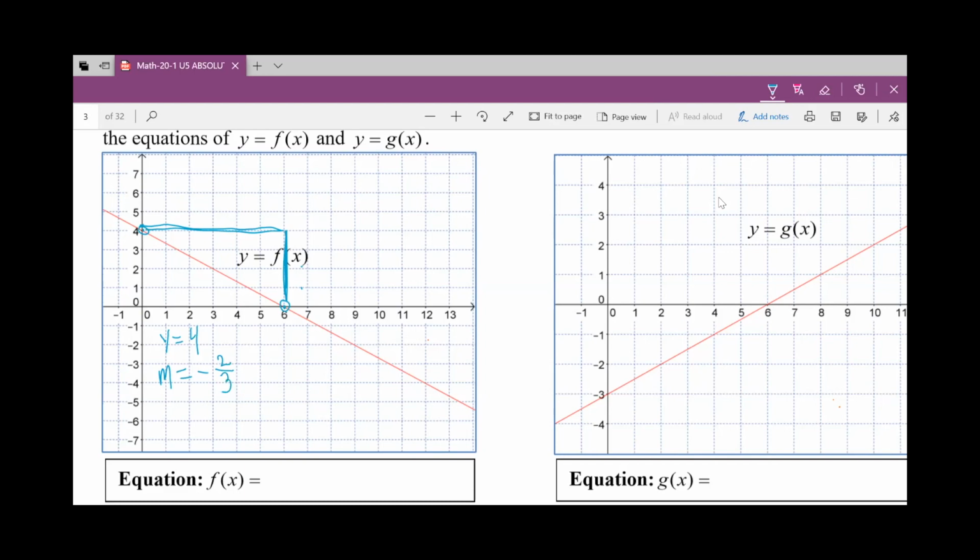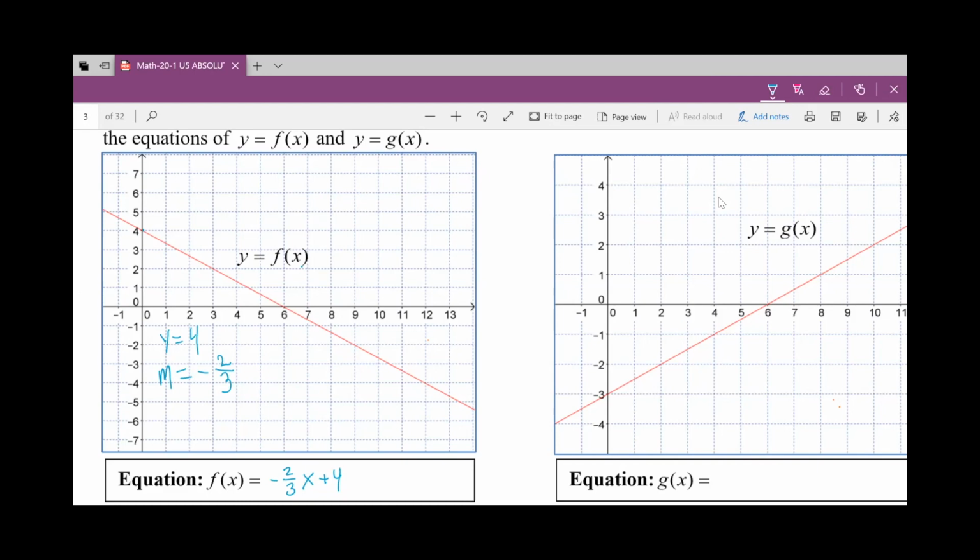So we have an original line with a slope of negative 2/3 and a y-intercept of positive 4. We can write the equation: f of x equals negative 2/3 x plus 4, straight slope-intercept form for the equation of a line.